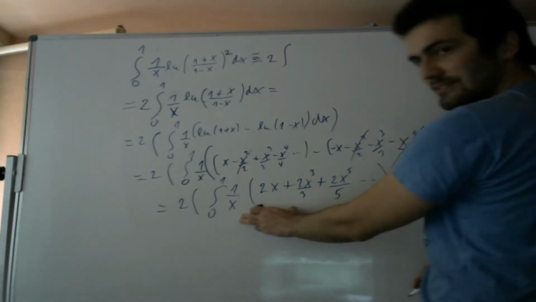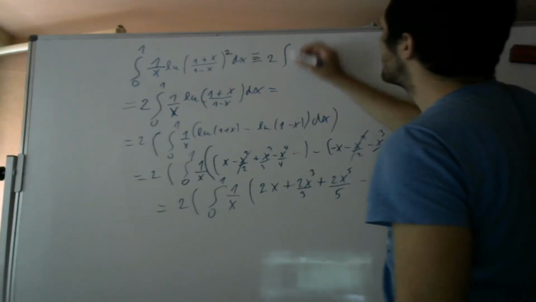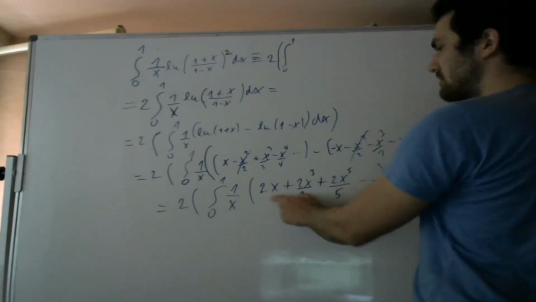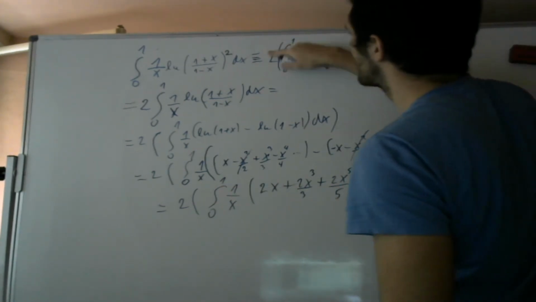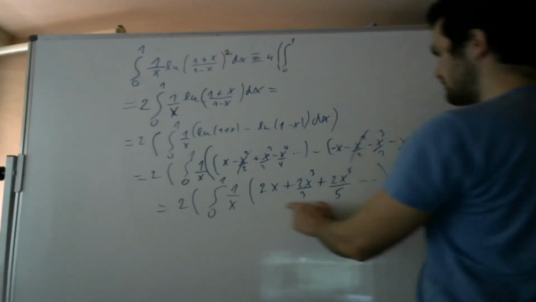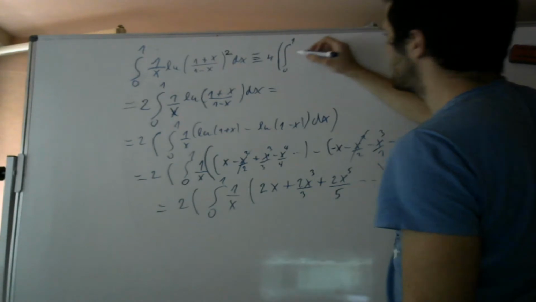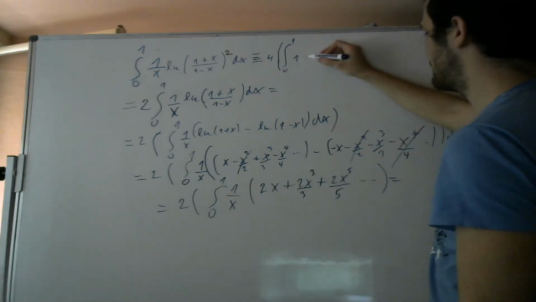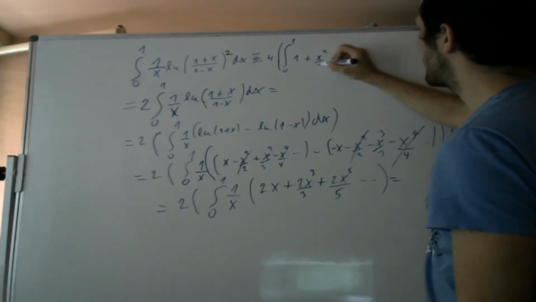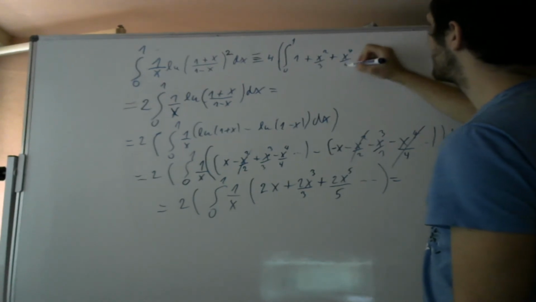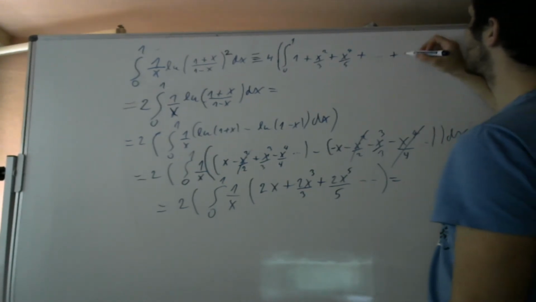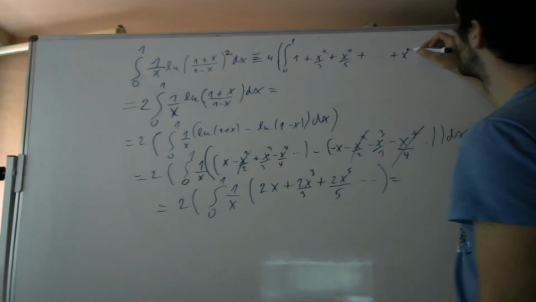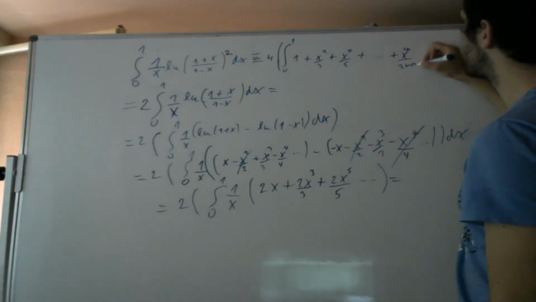Everything is 2, so we can take 2 in the front, and just write 4 overall. We get 1 plus x squared divided by 3, plus x to the fourth divided by 5, and so on, x to the 2n over 2n plus 1.